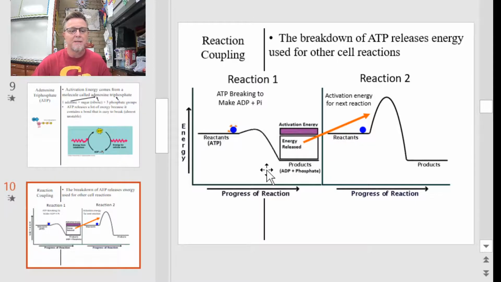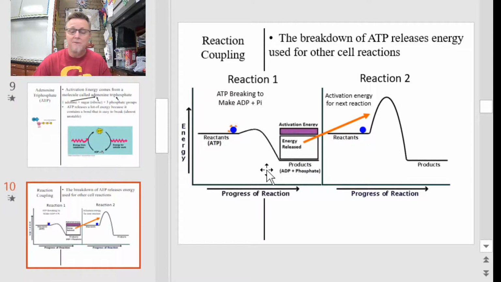So here we are again with our graph, right? And remember, some reactions have really, really high amounts of activation energy that have to be supplied before the reaction can go, and others not so much. So here we have two reactions. Reaction 1 is ATP breaking to make ADP plus Pi.